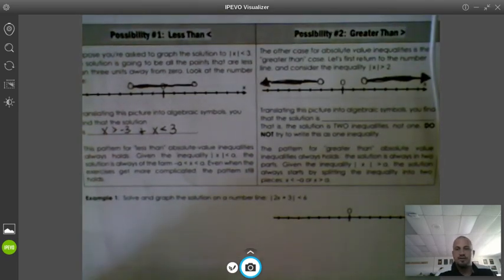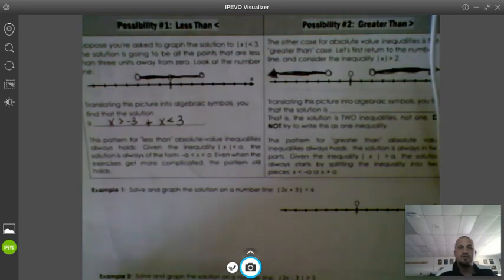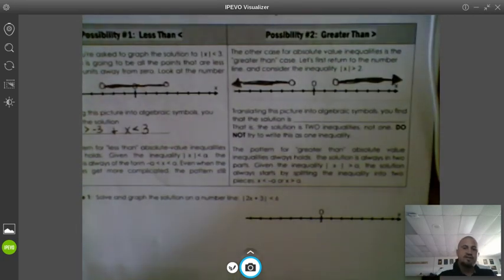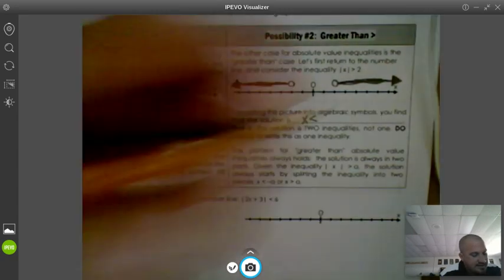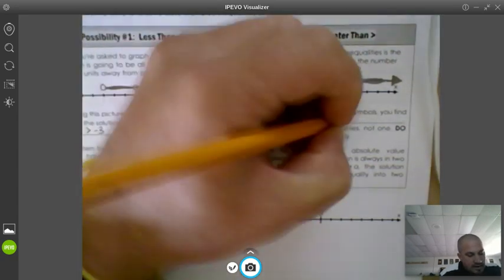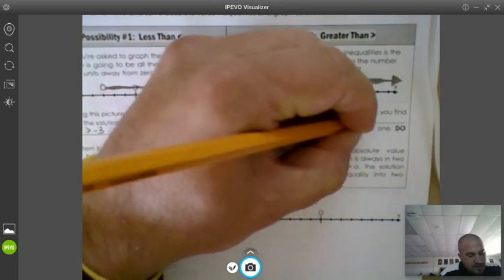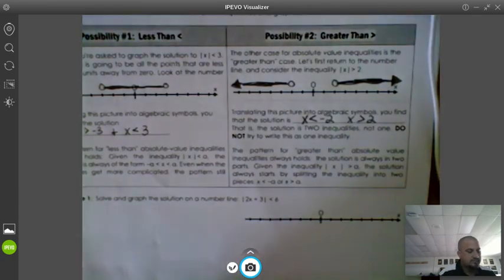That is our greater than. If we take this into symbols, that would be x is less than -2, or x is greater than +2. So again, we write this as two inequalities.